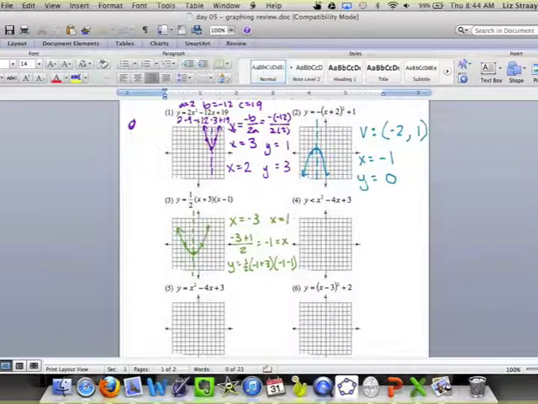So in standard form, our first step is x equals -b over 2a, or -4 over 2 times 1. Which gives us x is 2.